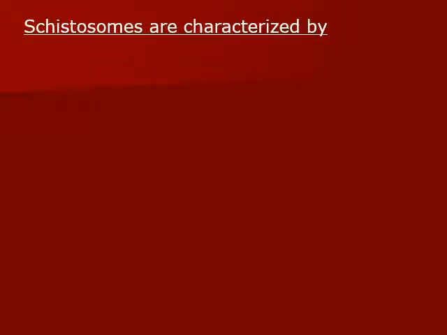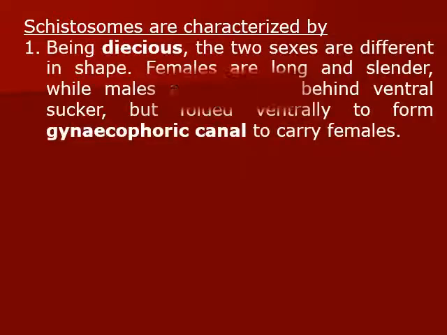Schistosomes are characterized by being dioecious, which means they have separate sexes. The two sexes, male and female, are different in shape. The females are longer and slender, while the males are flattened behind the ventral sucker but folded ventrally to form what we call the gynecophoric canal.